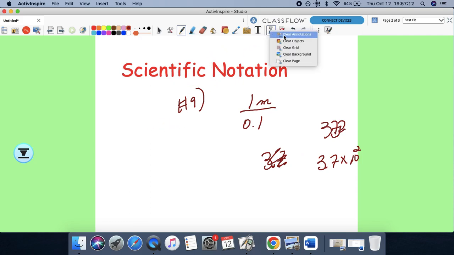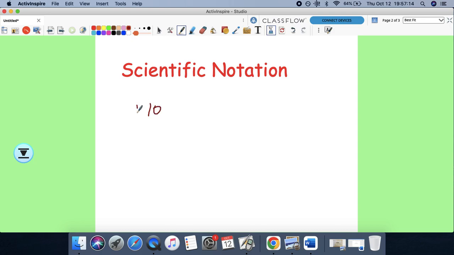Skip. 10. The distance from Earth to the Moon is approximately 2.4 times 10 to the 5th miles. The distance from Earth to Mars is 6.0 times 10 to the 7 miles.